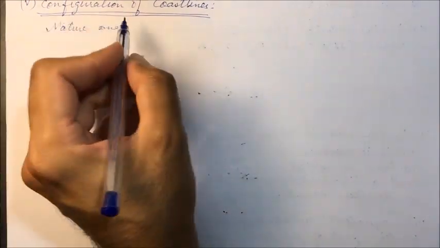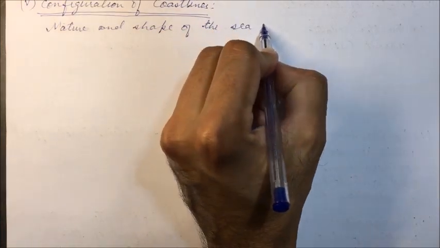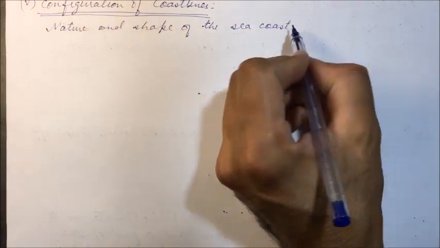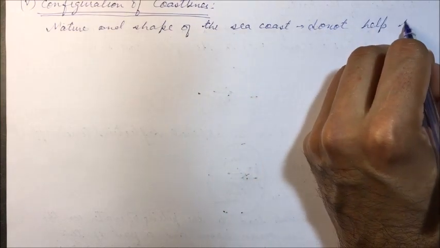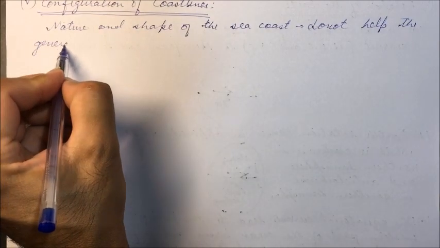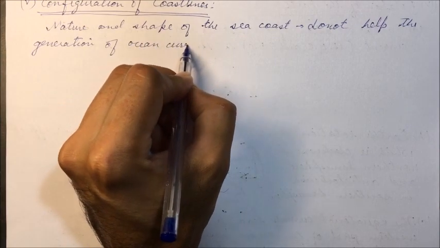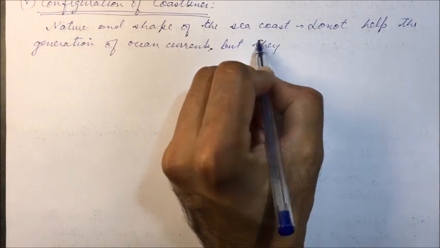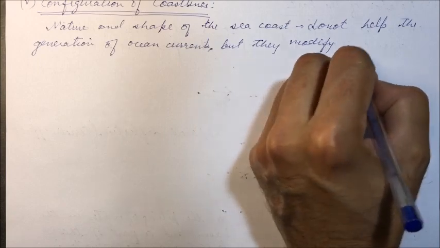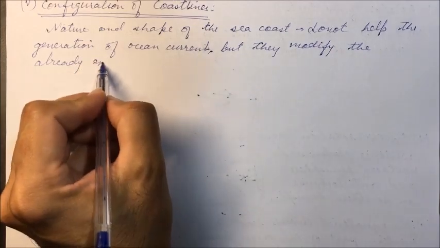So the nature and shape of the sea coast do not help in the generation of ocean currents, but they modify the already existing ocean currents.